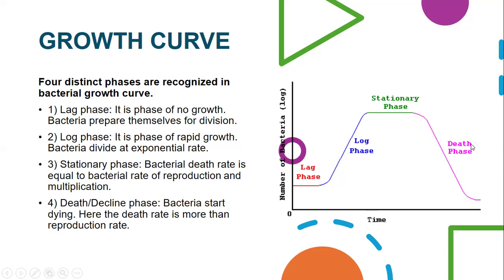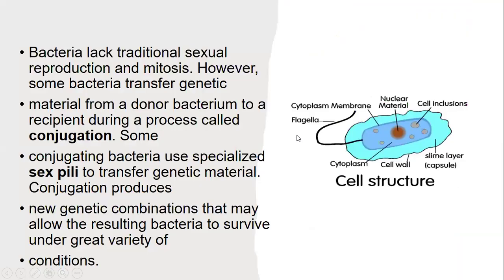It means that in the death phase, the number of bacterial cells dying is greater as compared to the reproducing cells. As many bacteria as were produced during the growth phase, all these bacteria died at the end phase, which is known as the death phase.